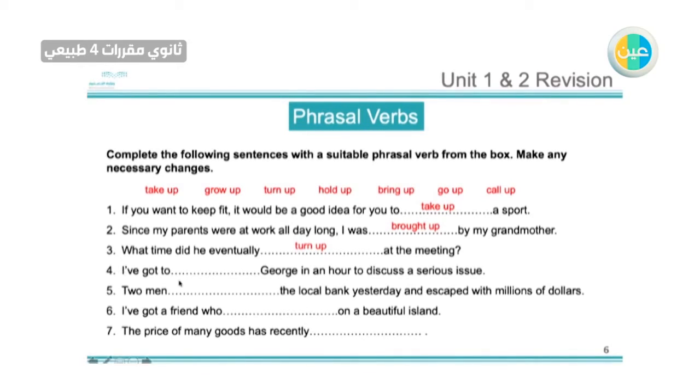I have got to blank George in an hour to discuss a serious issue. So he asked George to discuss an issue or a problem with him. Which one do you think of these phrasal verbs? So the answer is call up. So I have got to call up George in an hour to discuss a serious issue.